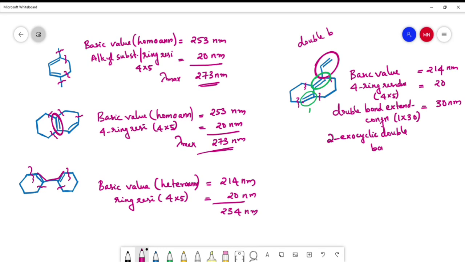So contribution will be 5 nanometer each. So 2 into 5 is equal to 10 nanometer. Now everything is finished. No halogens, no acetyl group, no secondary amine parts, etc. So if you are adding these, how much will it come? It will be coming 274 nanometer. The lambda max happens to be 274 nanometer.